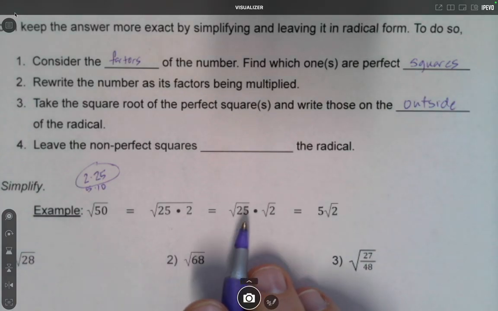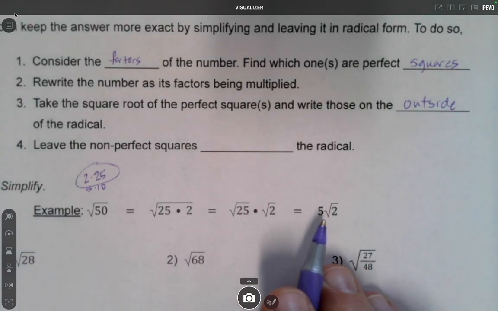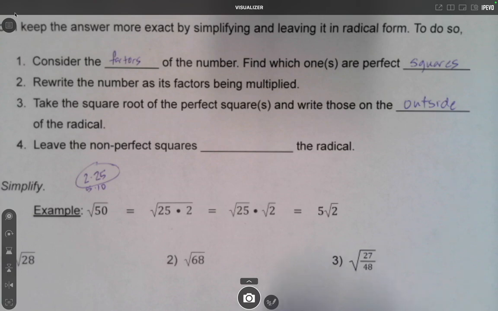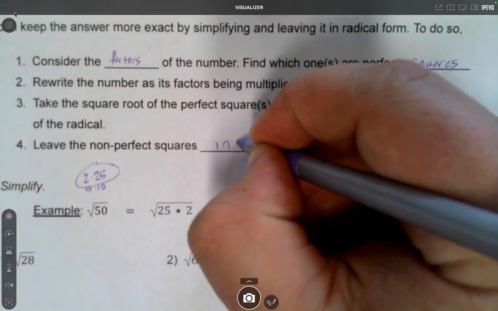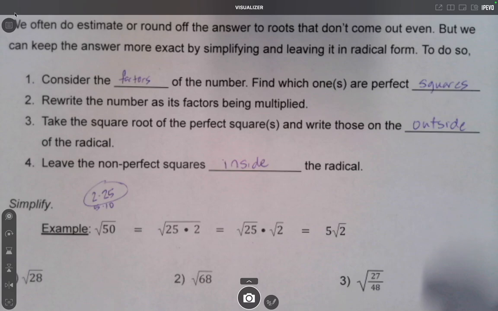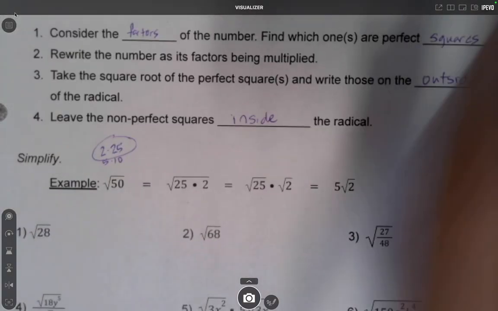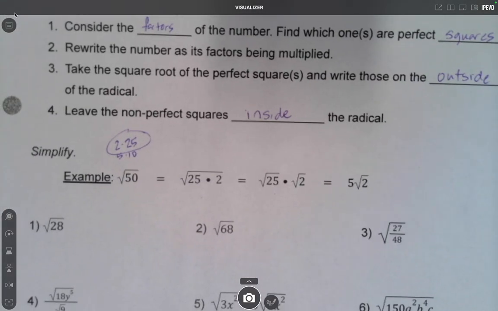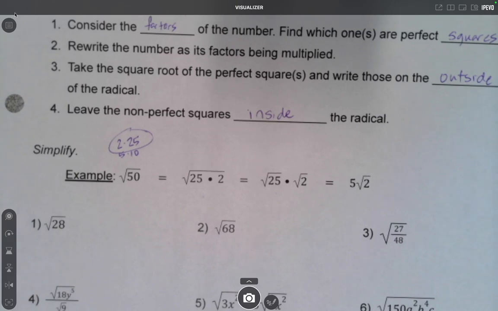So you see how I took the square root of 25 is 5, and I wrote that outside the square root of 2. And we'll leave the non-perfect squares, the 2, inside the radical. So the things you can take a square root of go outside the radical. The things you cannot take a square root of go on the inside of the radical.